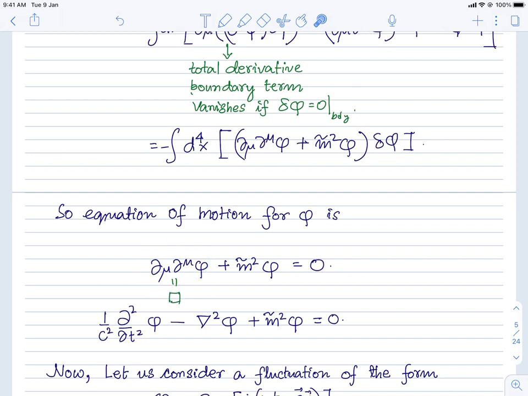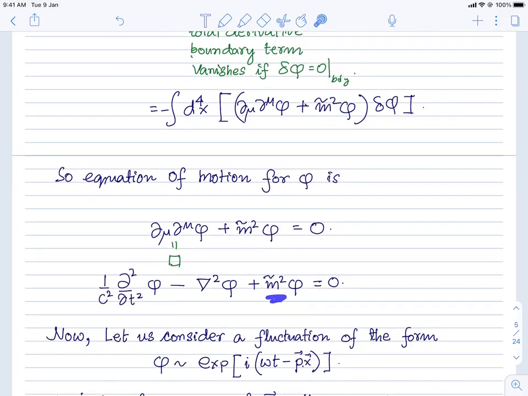Okay, so if we write it out, as you can identify from our previous lecture, del mu del mu is the box operator, the D'Alembert operator, which you can write out in this way. This is 1 over c squared del t squared phi minus this object, plus m tilde squared phi, that is equal to 0. This is the equation of motion.